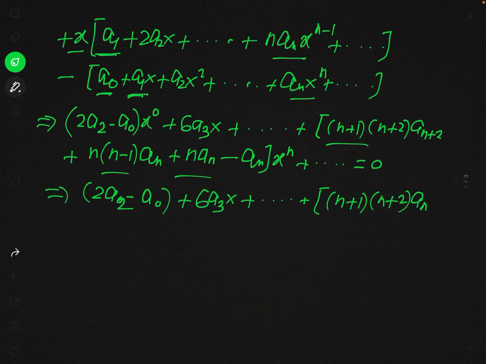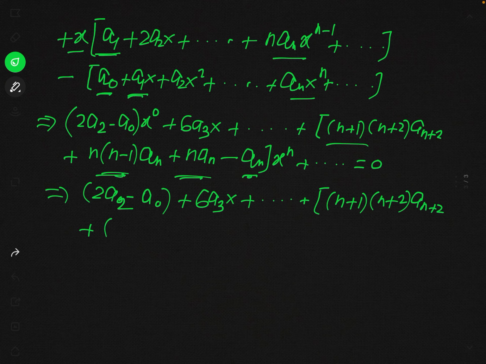And when you write this term, this will be n square minus n, so a n into n square minus a n into n, and plus a n into n will cancel out, and we will associate this term and this term.